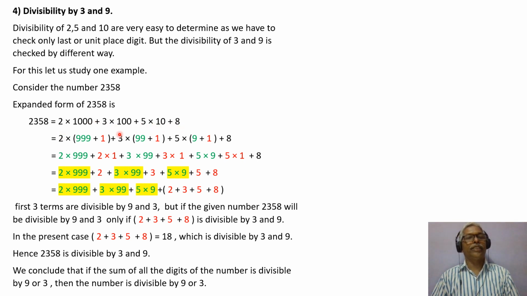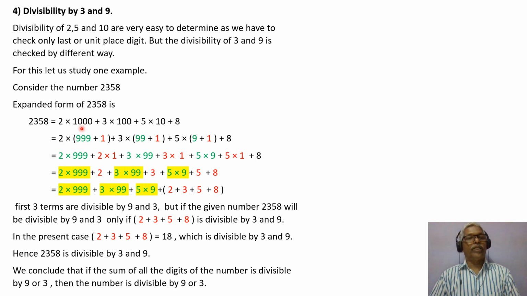This is very easy as we have seen this many times. Now we are making some change, writing this 1000 as 999 plus 1. Why? Because this number is divisible by 9.